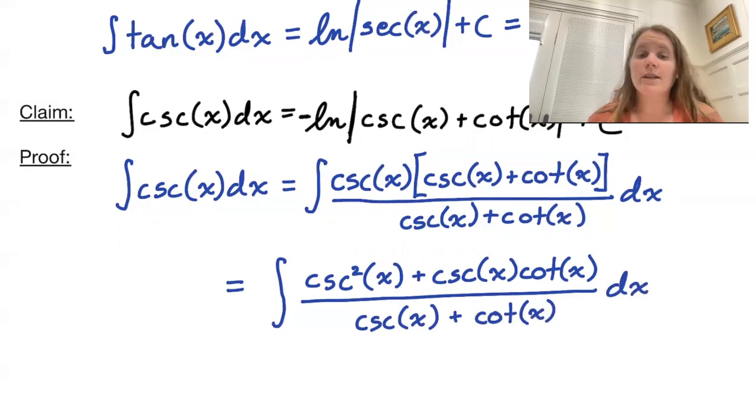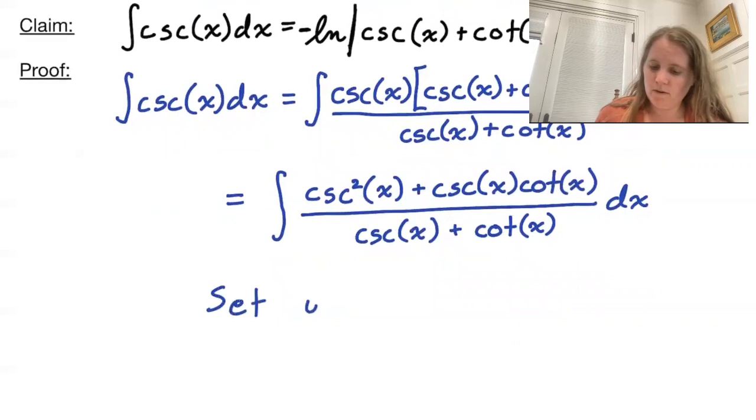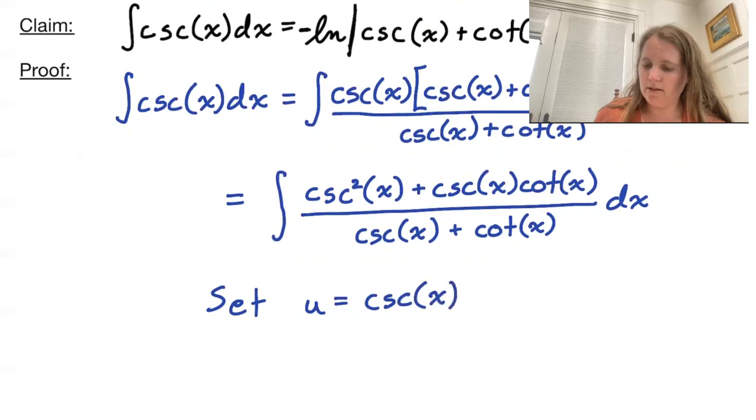The reason we have done this is that up top, cosecant squared is more or less the derivative of cotangent, and cosecant cotangent is more or less the derivative of cosecant. There are negatives involved, that's why I'm saying more or less. So we're going to set u to be equal to that denominator, cosecant x plus cotangent of x.